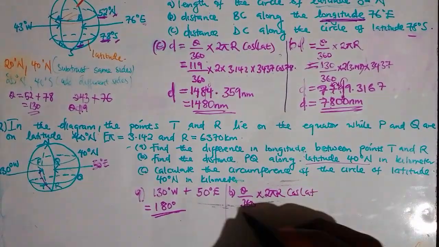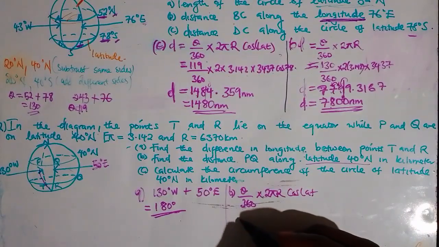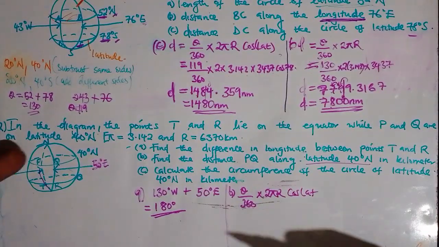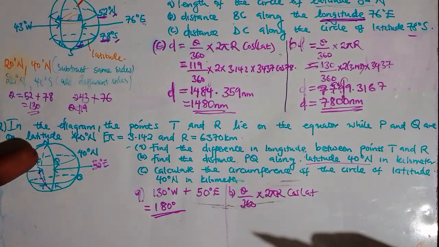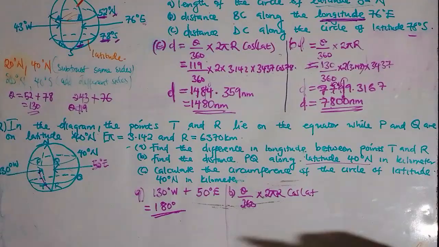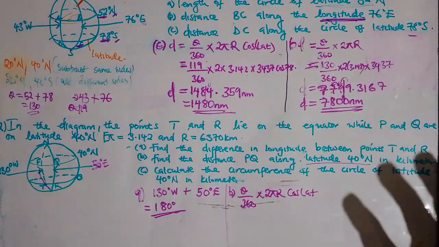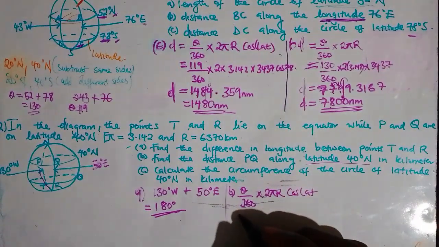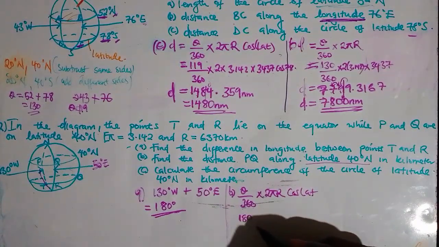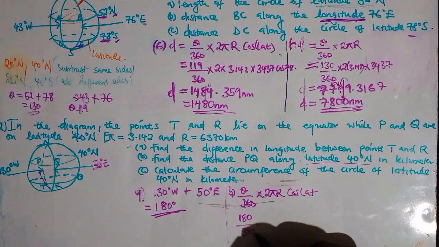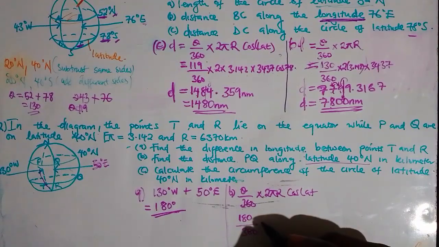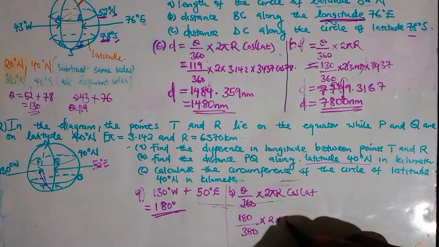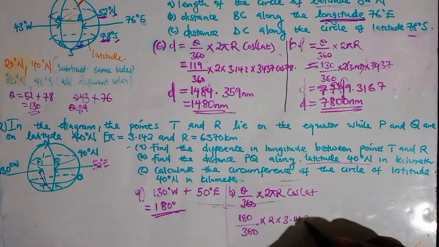So here, what is our theta? P and Q. I told you, longitudes have the same difference, so you just pick the one which you found here. 180 over 360 times 2 times 3.142. The other value here changes.